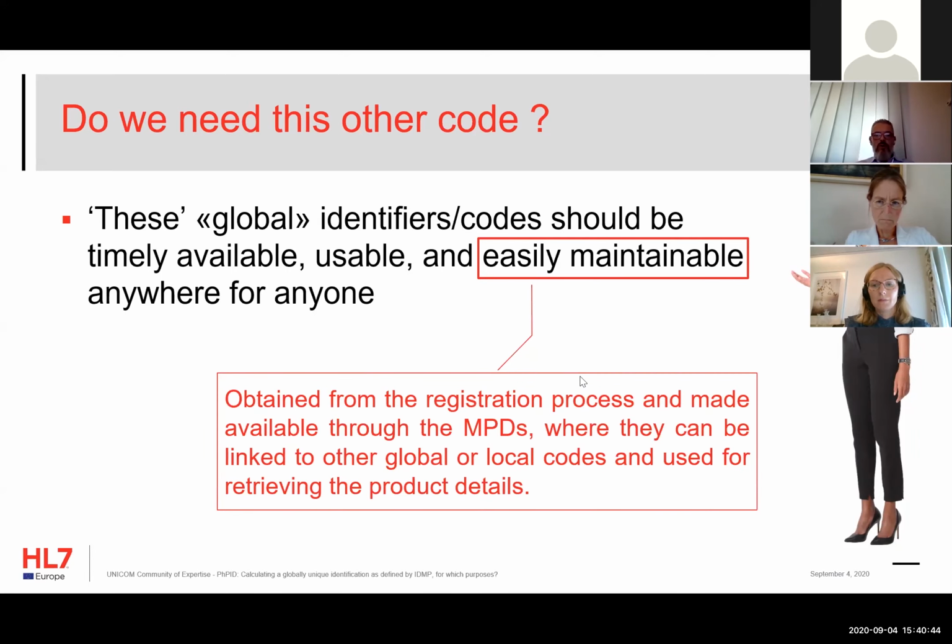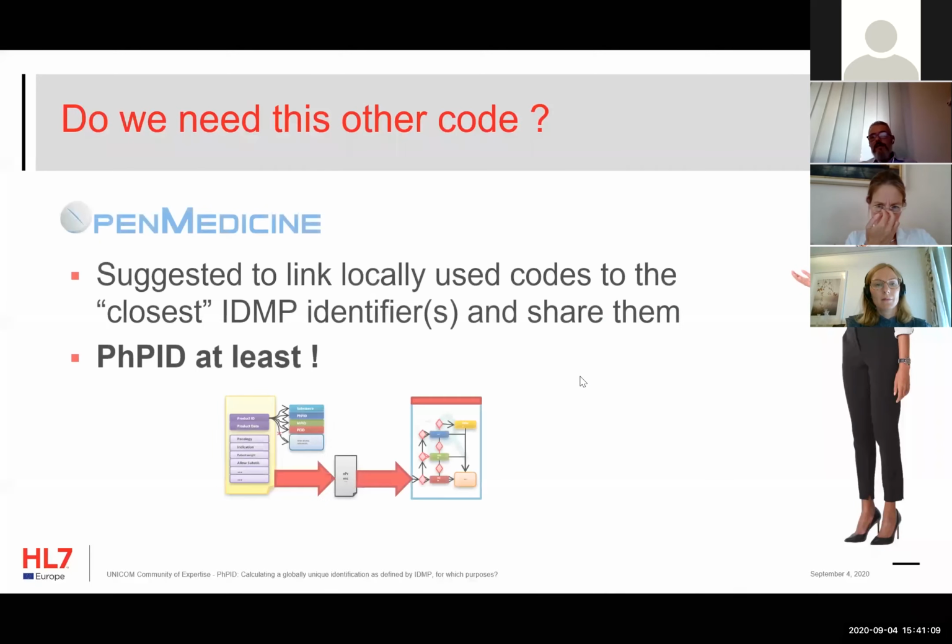To achieve all these requirements, it's clear that we need an ID that comes directly from the registration process and is made available, as described before by Leonora, through the MPD. It can be linked to other global or local codes, or used to retrieve other product details.